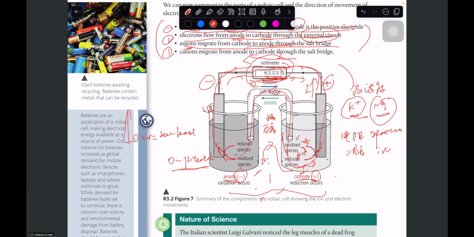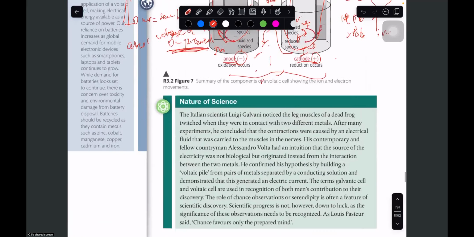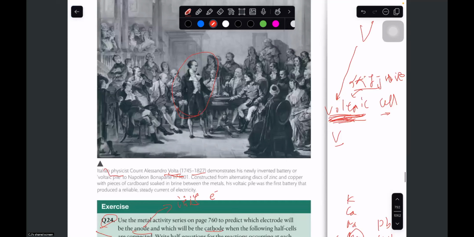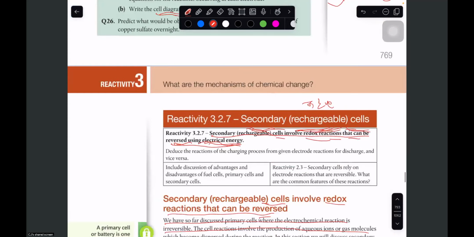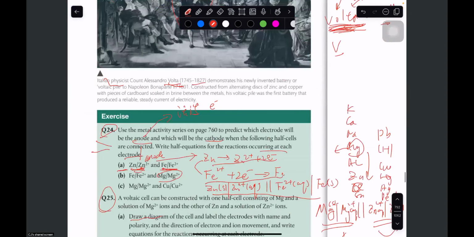If we set the zero potential point, we can measure the absolute voltage of every half cell. So how could we set the zero potential point? We use the concept of the, okay, we will talk about it later.